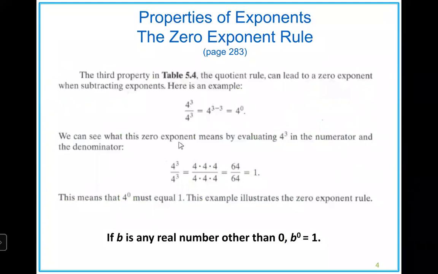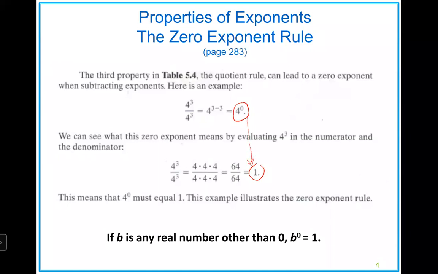So they use that to show you that if you were to expand this, 4 to the 3rd is 4 times 4 times 4, which gives you 64 in both cases. 64 divided by 64 is equal to 1. So if you get 1 for this answer, and you get 4 to the 0 power when you simplify it, basically what this is suggesting is that 4 to the 0 power is the same as 1.